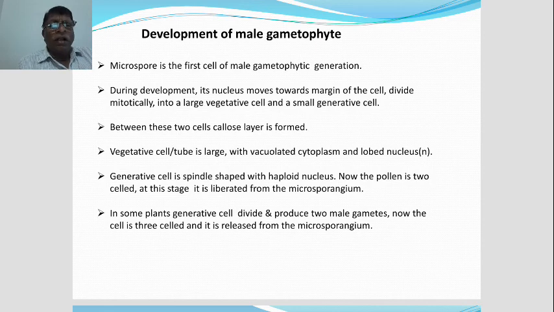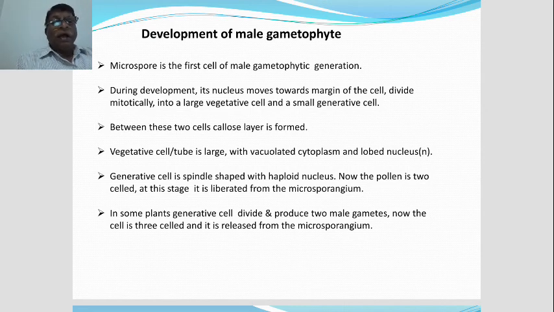In the majority of angiosperms, at this two-celled stage, the male gametophyte or pollen grain is released outside. That is in 60% of angiosperms.